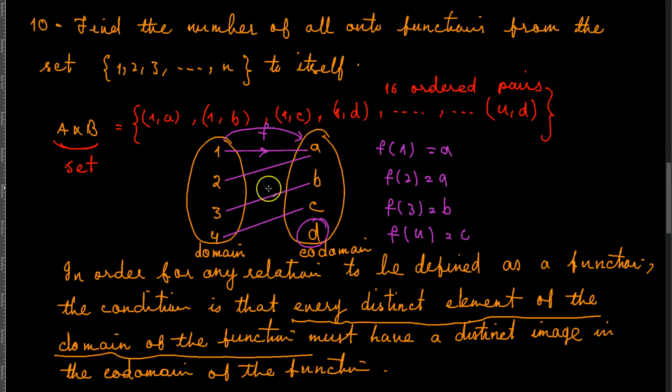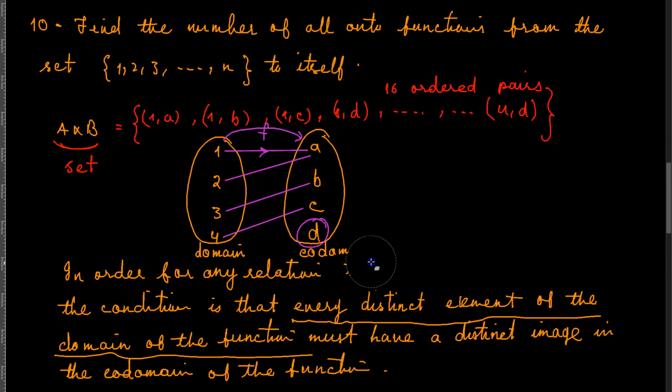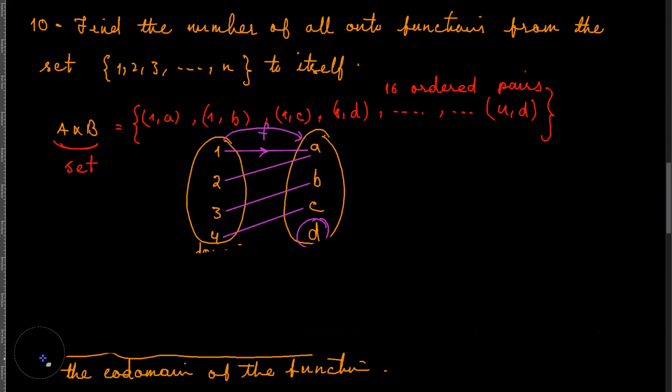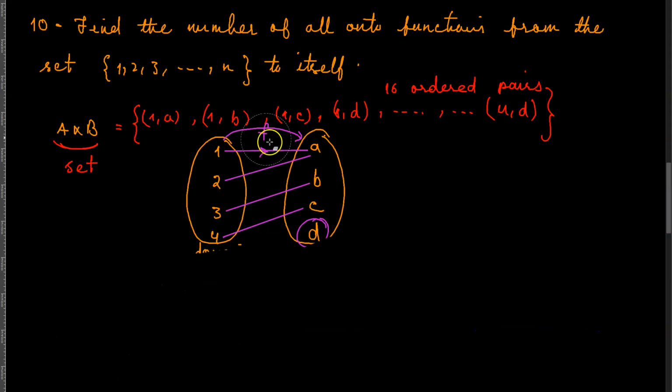So far we have defined the function successfully, and we have no problem. Now there are different types of functions, and depending on how you do this mapping, you could have different types of functions. One type of function that is very popular is a 1-1 function.